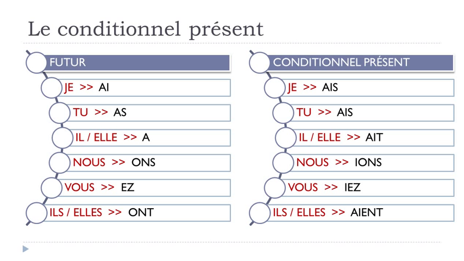So to be totally honest, because basically we construct these two tenses the same way, the endings here and here will be the only way to make the difference between the future and the conditional. So it's quite important to really remember them by heart. Okay, so remember futur, ai, as, a, ons, ez, ont, but then conditionnel présent, ais, ais, ait, ions, iez, aient.